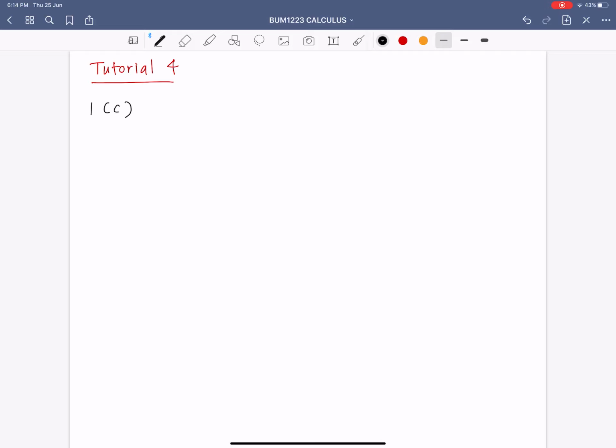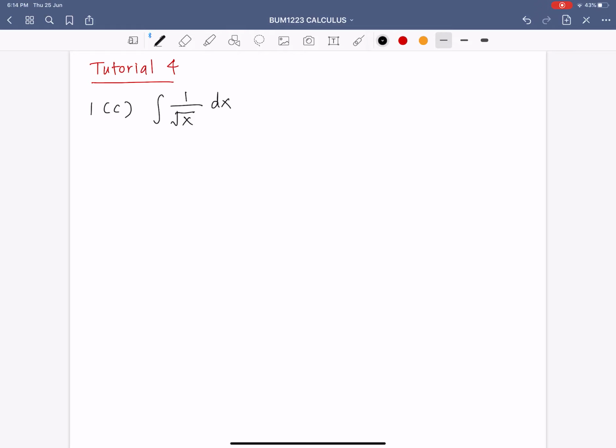Let me check first whether the numbering is correct or not. Yes, we have question C. We want to find the integration of 1 over square root x, dx.